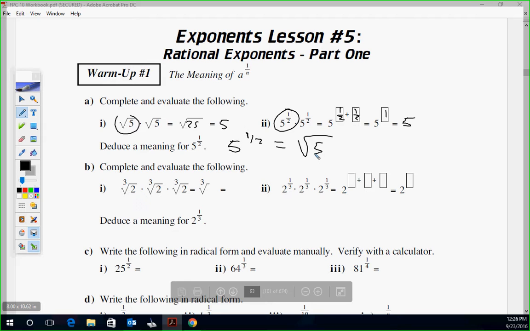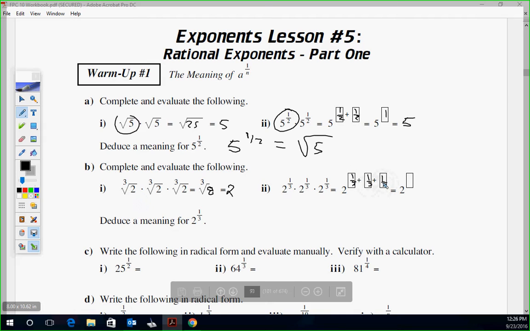Now we're going to take a step further. Complete and evaluate the following. Cube root 2 times cube root 2 times cube root 2 is cube root 8, 2 times 2 times 2, which is equivalent to 2. Cube root of 8 is 2. We already knew that. Now let's do it with the fractions. 2 to the 1/3 times 2 to the 1/3 times 2 to the 1/3 equals 2 to the 1/3 plus 1/3 plus 1/3.